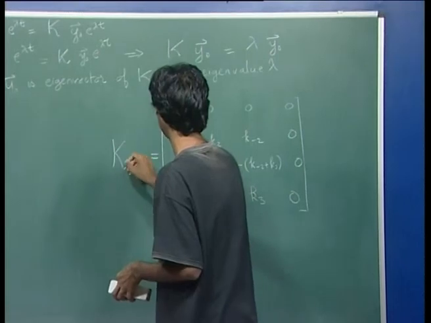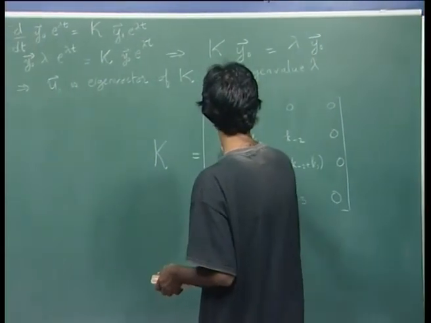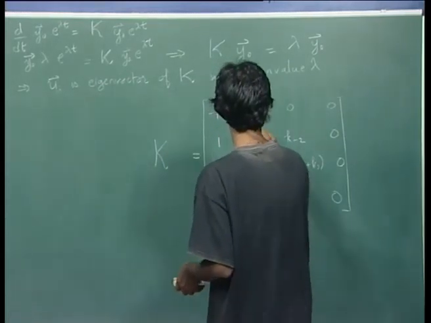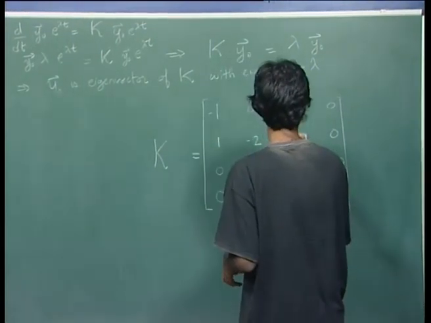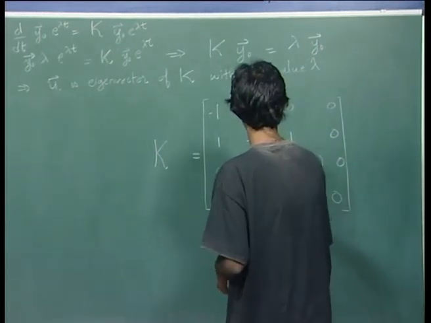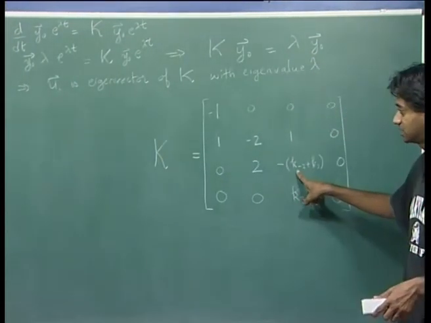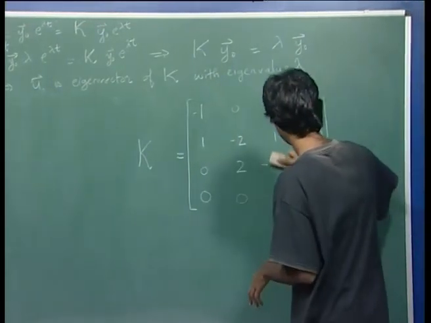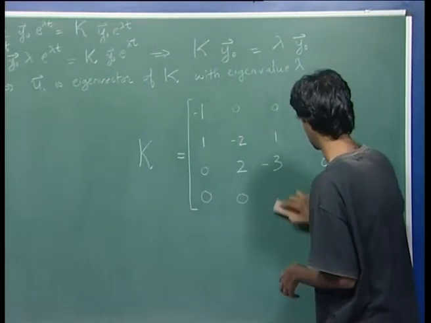So, this is k equal to -1, k1 is 1, k2 is 2, k of -2 is 1, k2 is 2, k of -2 is 1, and k3 is 2. So, 1 plus 2 gives me 3. So, we get -3 and k3 is 2.